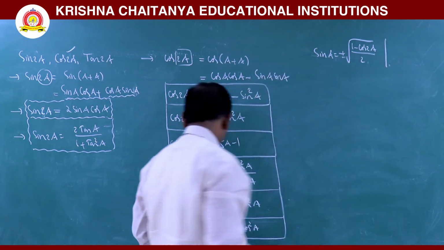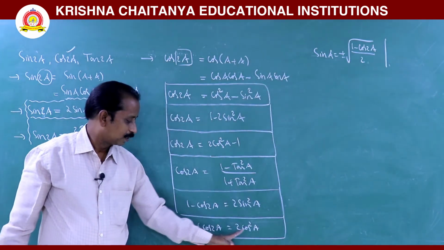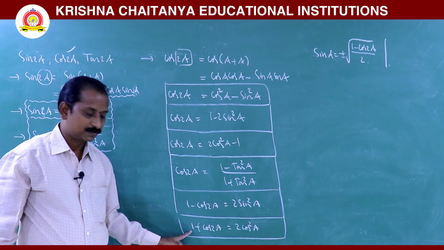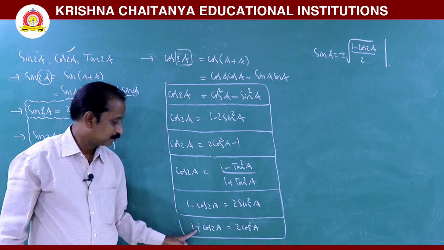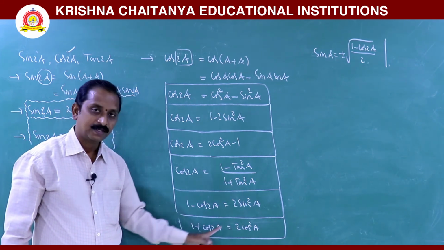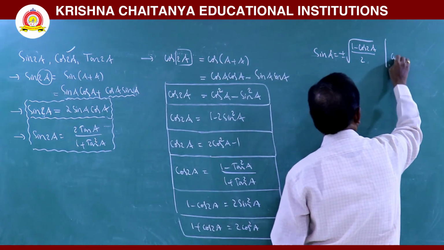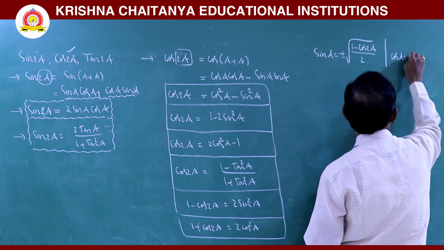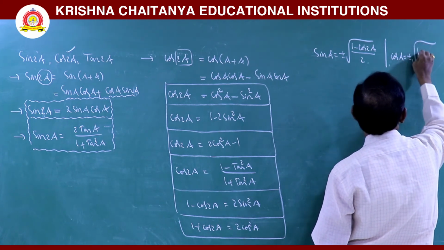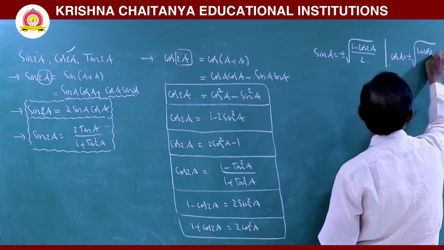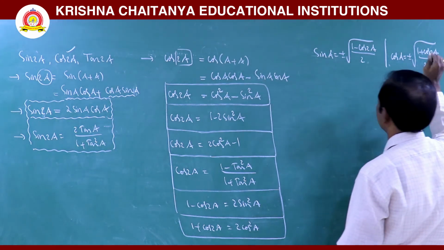And using this one, 2 cos square A is equal to 1 plus cos 2A, cos square A is equal to 1 plus cos 2A by 2, cos A is equal to plus or minus root over 1 plus cos 2A divided by 2.